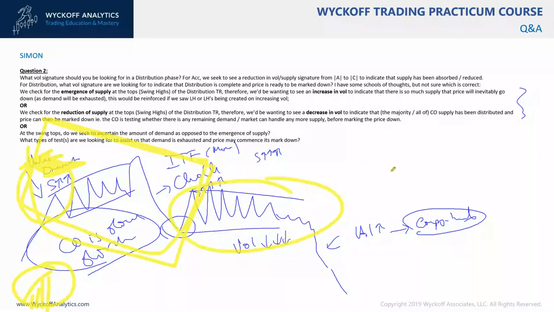We see this in a lot of the distributional patterns, the apex formations, where there is an active distribution by institutions in phase A and early phase B, and then they go away because they don't have any position. As they go away, price drifts in uncertainty and then goes down.